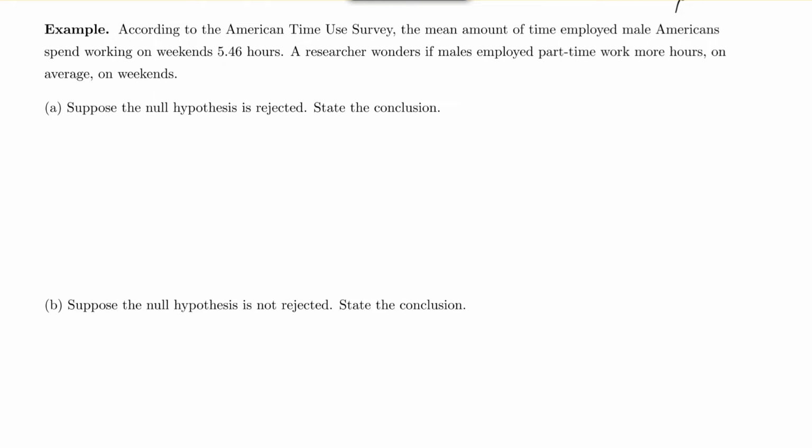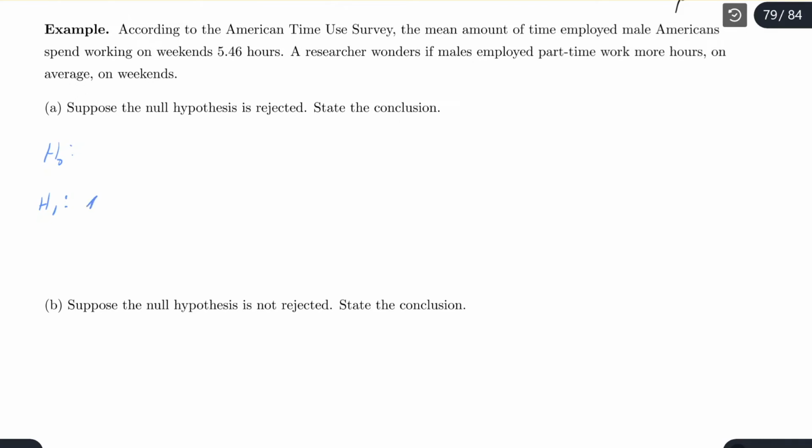So we already looked at this example, but let's do it one more time. According to the American Time Use Survey, the mean amount of time an employed male American spends working on a weekend is 5.46 hours. A researcher wonders if employed males work more hours on average. So let's write both statements.